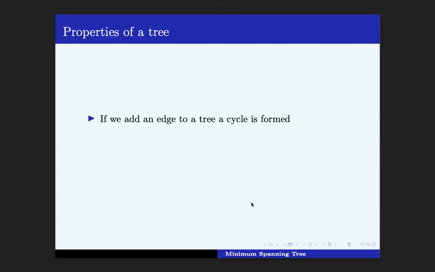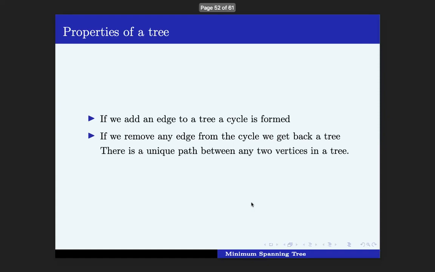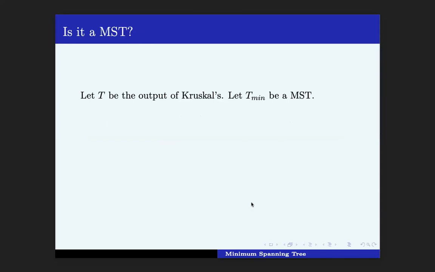I have written it here formally: if we add an edge to a tree, a cycle is formed. That's important. If you remove any edge from the cycle, we get back a tree. And this follows from this fact, right?